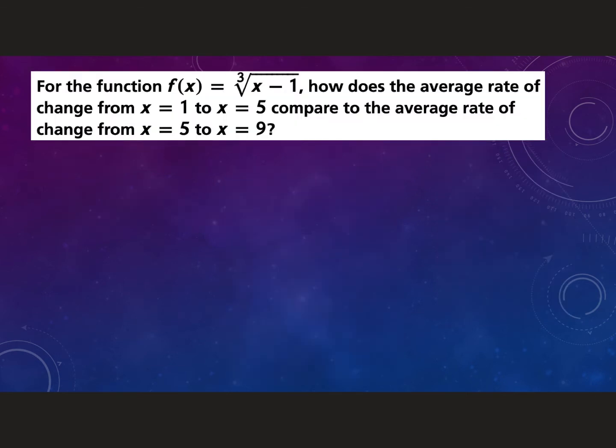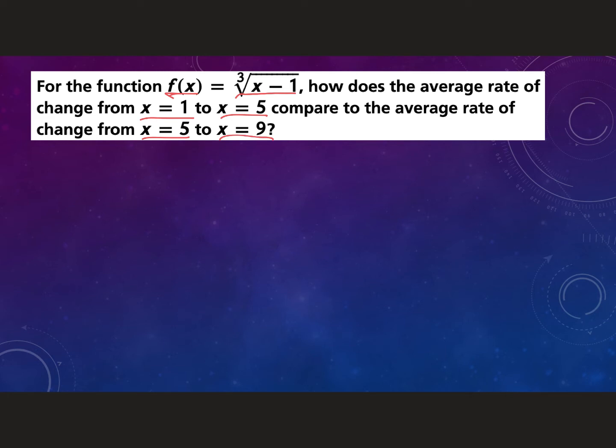So, let's look at this one. For the function f of x equals the cube root of x minus 1, how does the average rate of change from x equals 1 to x equals 5 compare to the average rate of change between x equals 5 and x equals 9? We're actually going to be finding the values.